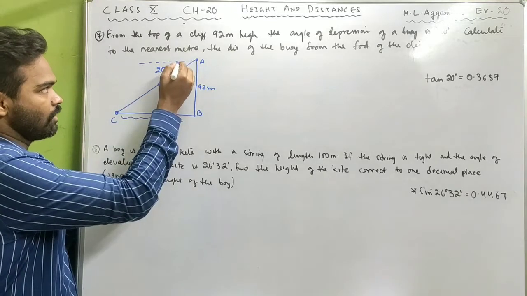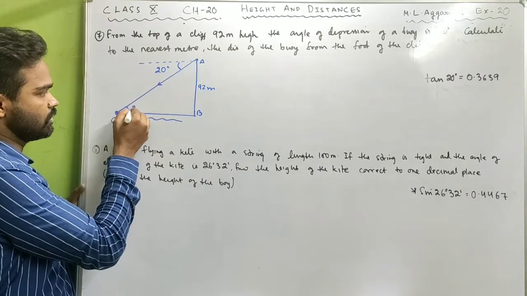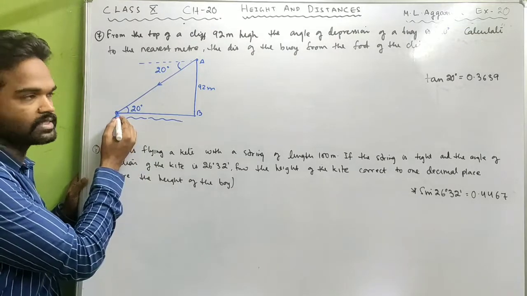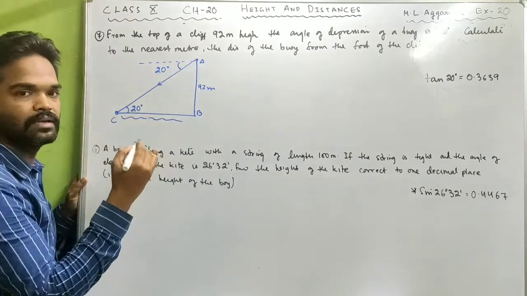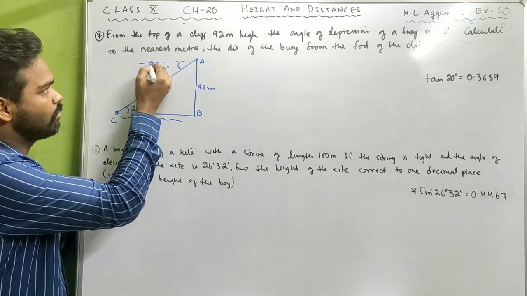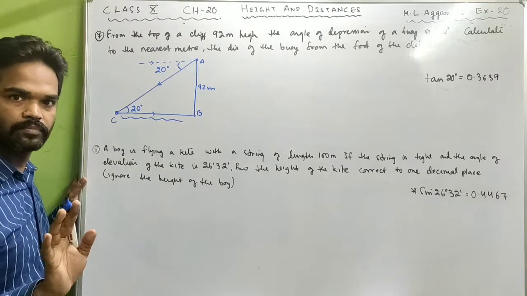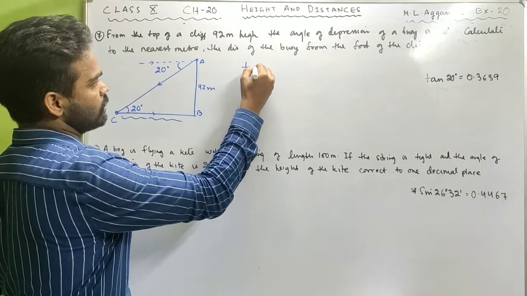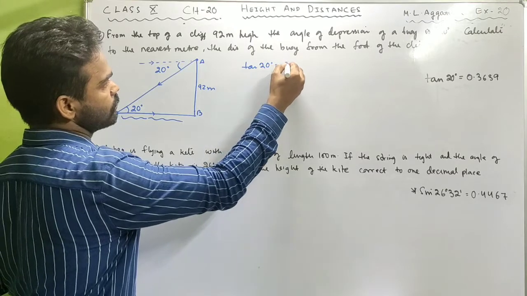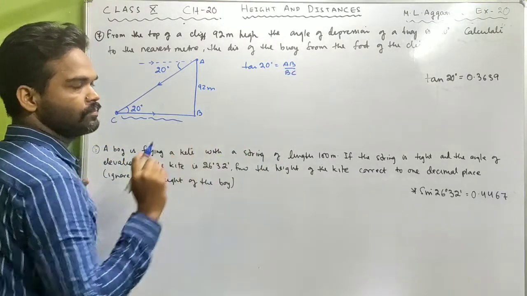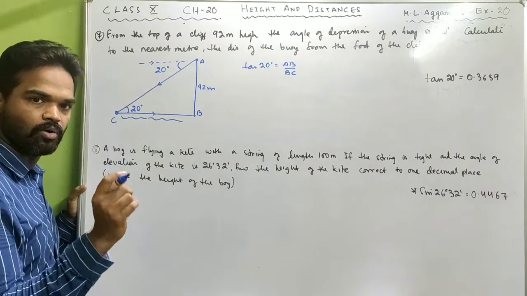Now we know angle of depression and angle of elevation is same, isn't it? If you are at point C and you are looking at A, then this is your angle of elevation, and these two angles are same, alternate angle. Okay, now look carefully. Tan 20 degree is perpendicular by base. Now tan 20 degree, you can find it at the back of your book.